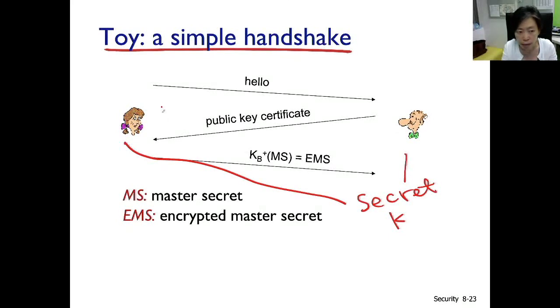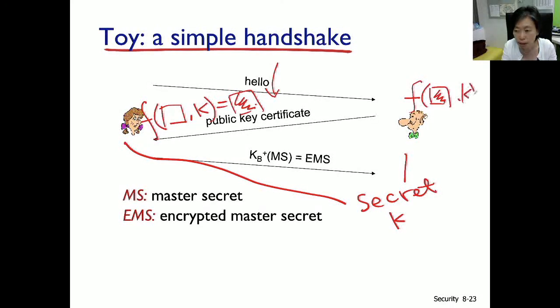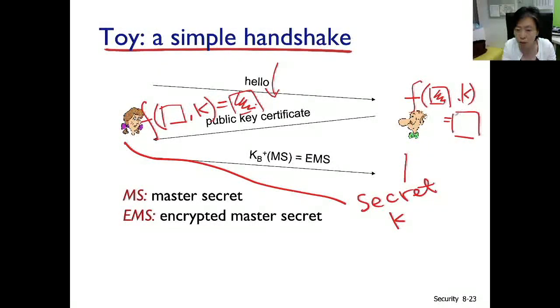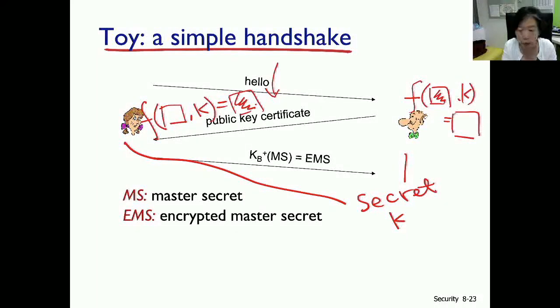When Alice has a message to send, she uses that key K, applies the encryption function, and it's going to generate something that's messy. A third party in the middle might intercept the message, but without knowing the key, it's not able to decrypt it. Bob, on the other hand, receiving the messy message, can use the key to restore the original message. So this is the classic secret key communication.